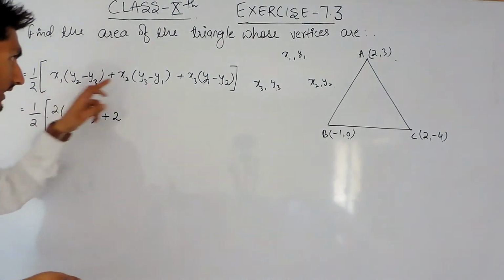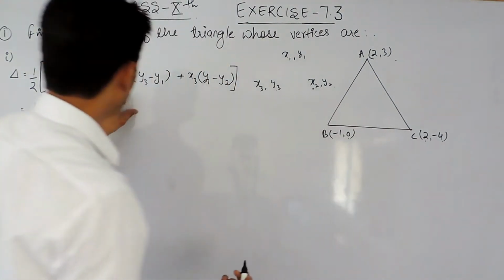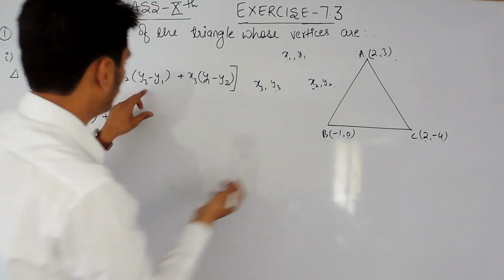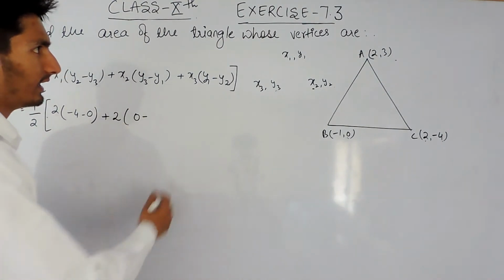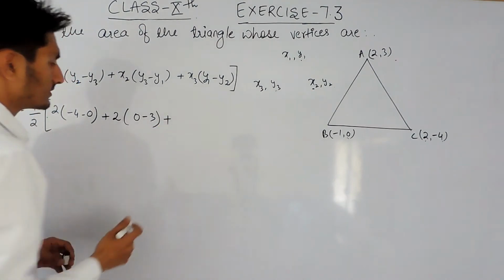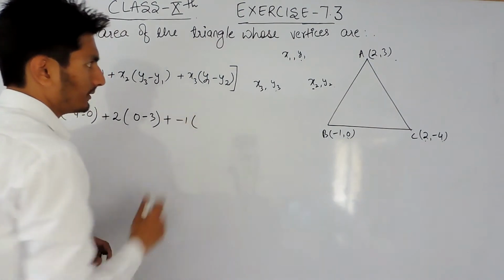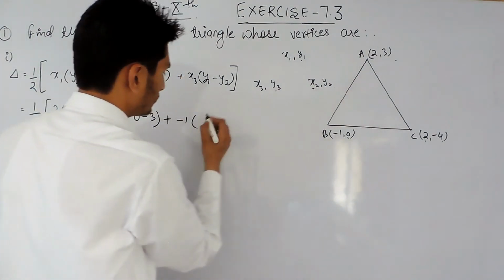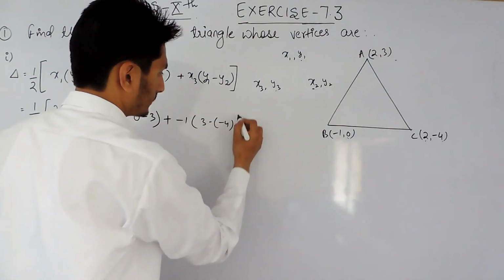Now our x2 according to this is 2, and this is y3, and our y3 is 0. So 0 minus y1, and our y1 is 3. And at last we have to multiply x3, and our x3 is minus 1, bracket y1, and our y1 is 3 minus y2, that is minus 4.